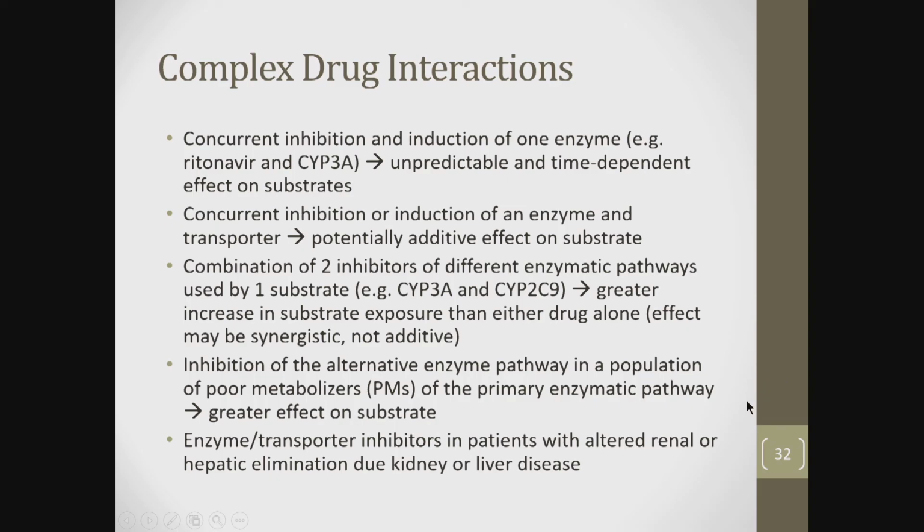A particular patient that is a poor metabolizer, that is, they carry a genotype conferring lower enzymatic potential of, for instance, CYP2C9, is going to rely on other alternative enzymes, and the effect of, for instance, a CYP3A inhibitor might be more profound on voriconazole in somebody that's a poor CYP2C9 metabolizer. In addition, we have to think about patients with altered baseline renal or hepatic elimination due to kidney or liver disease.